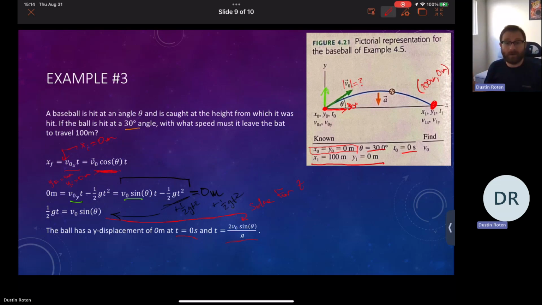I know I've been saying on the ground, but in reality, this is the height that the ball was hit and then the height that the glove was. But the physics of the problem is the same, whether it's bat and glove or literally the ball leaving the ground and hitting the ground again. The way we've set our origin up, it's the same thing. So it's reasonable to call this being on the ground, even though if we were to watch this happen, we'd see that it isn't. But the physics doesn't know the difference. The physics doesn't care. This could be 2 miles in the air, and it's going to work the same way.